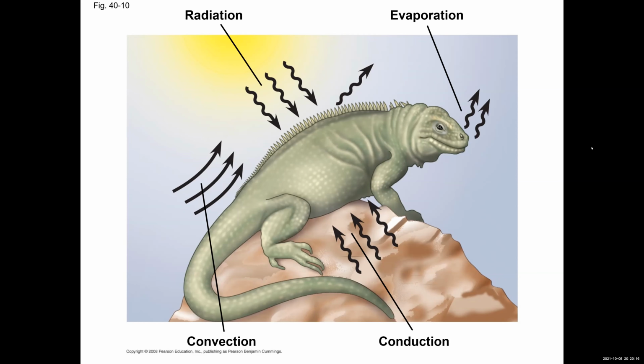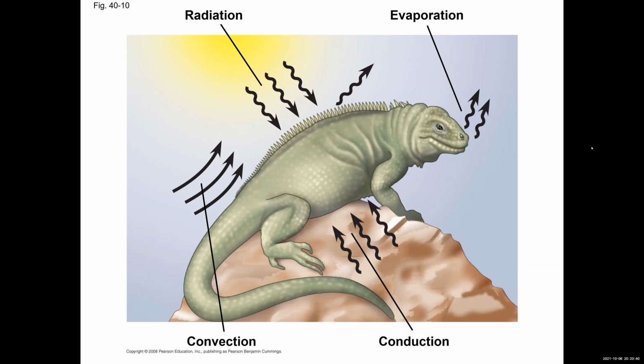So if you're standing outside on a sunny day, you feel it, right? You start to feel warmer. That's because the waves of energy are getting transferred to the molecules of your skin.